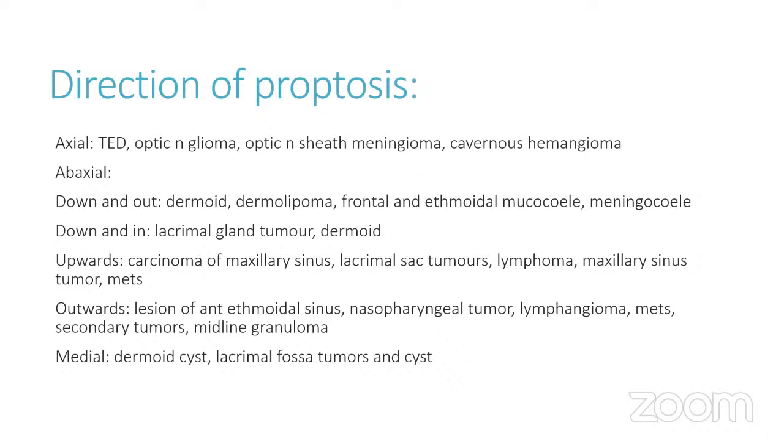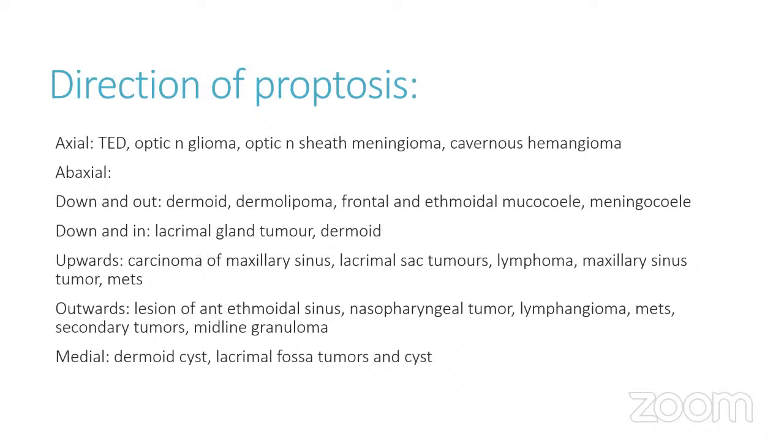Then coming to abaxial proptosis, displacement of the eye in the downward and outward direction could indicate a dermoid, a dermolipoma, frontal and ethmoidal mucocele, and a meningocele. A downward and inward movement could indicate a lacrimal gland tumor or presence of a dermoid.